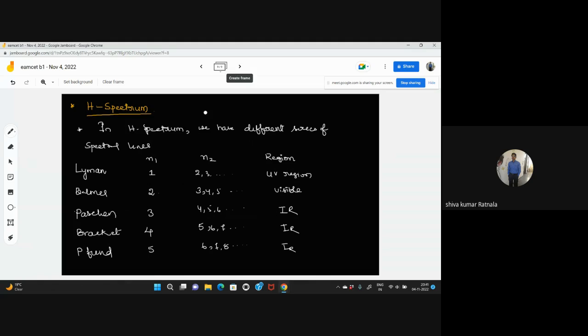Next one, N1 and N2, this, no? So can we calculate the spectral line? What is the formula, wavelength or wave number, for the calculation of spectral line? Which equation is it? Rydberg's equation, right? From Rydberg's equation, we can write nu bar equal to 1 by lambda equal to RH into 1 by N1 square minus 1 by N2 square into Z square for hydrogen-like atoms.